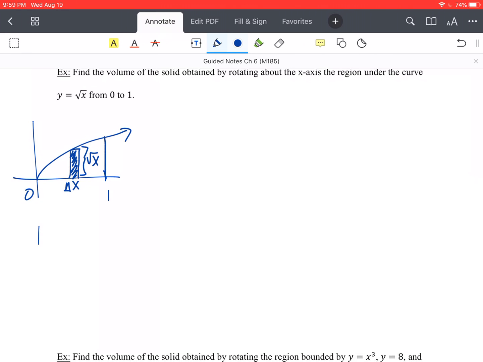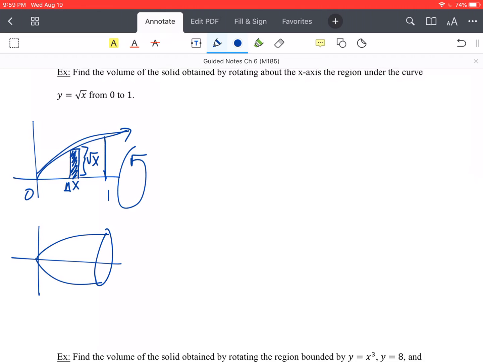So by rotating it about the x-axis, we're taking this curve and just spinning it around the x-axis. So that's going to give us something like that. And then this little rectangle here is going to form a solid shape.